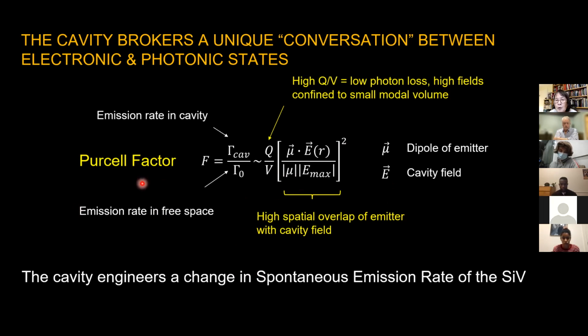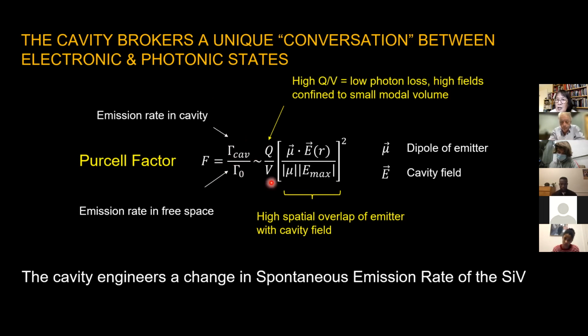So we look at a Purcell factor, which is the ratio of the emission rate of the photons from our defect in free space compared to the emission rate in the cavity. Our hope is to increase this by a factor of 1, 10, 100 more. And how do we increase that?